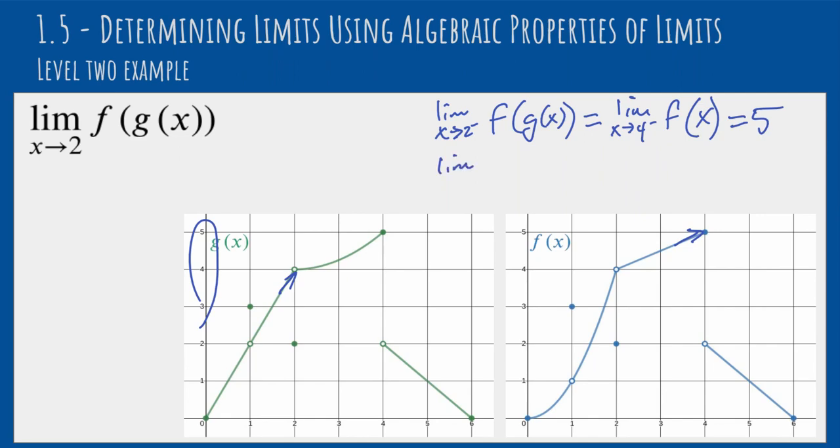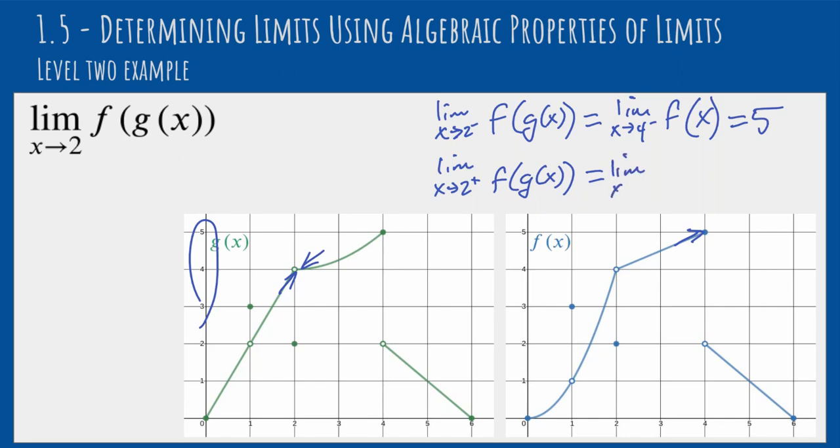If we look at what's going on from the right, so x approaches 2 from the right side of f of g of x, when we plug in values that are a little bit bigger than 2 into g, we're approaching 4 again, but this time we've got values that are a little bit above 4. So we're coming from above instead of below.